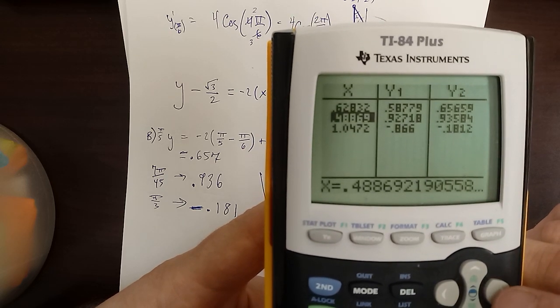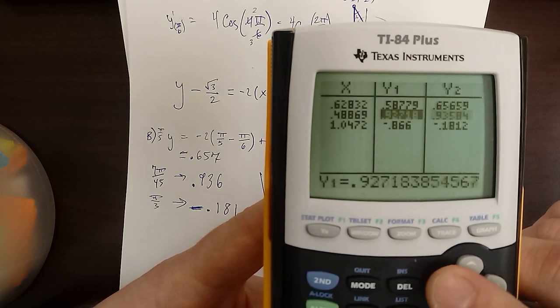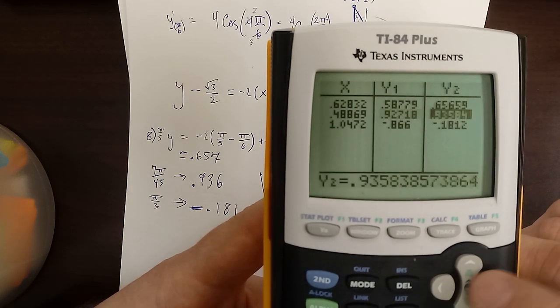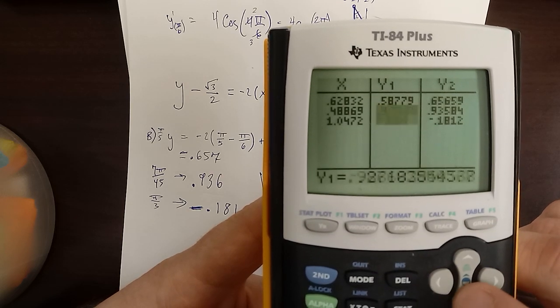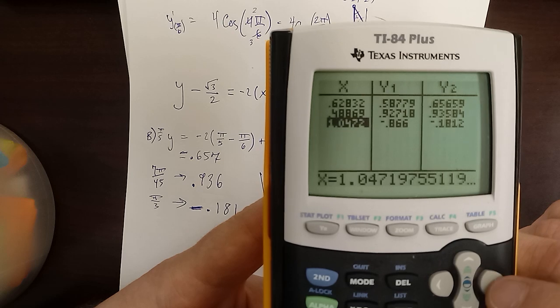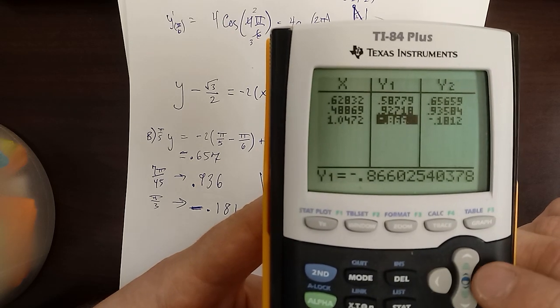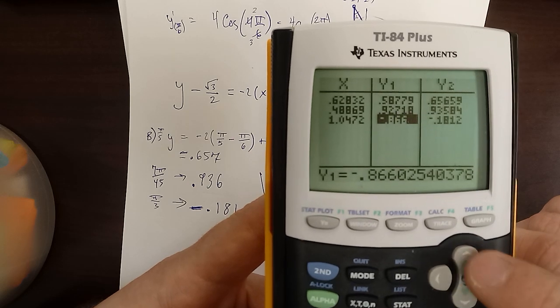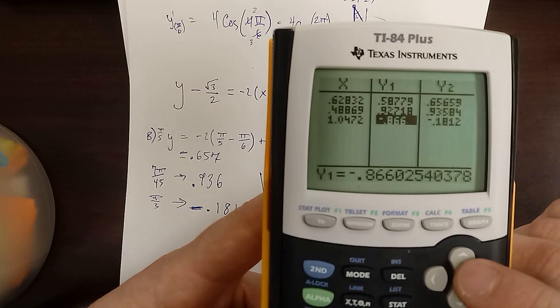With this 7 pi over 45, they're even closer. They're only about 100th off from each other. And then when we look at pi over 3, wow, we have 0.8 versus 0.1. That's a lot different, when we're comparing it to the other ones.